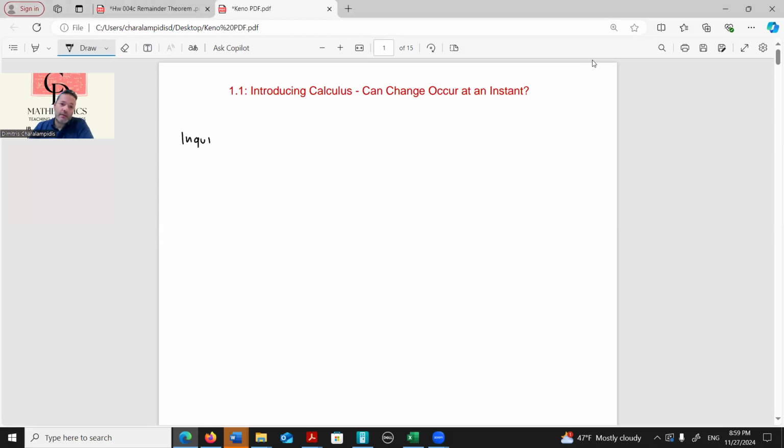Let's write that here, inquiry. And I will now draw two graphs of two functions, f and g. This is the x-axis and this is the y-axis. This is the point with coordinates a, f of a, and here with coordinates b, f of b.